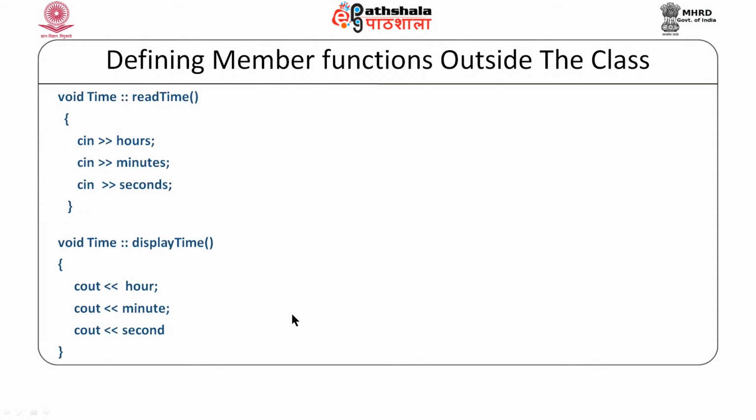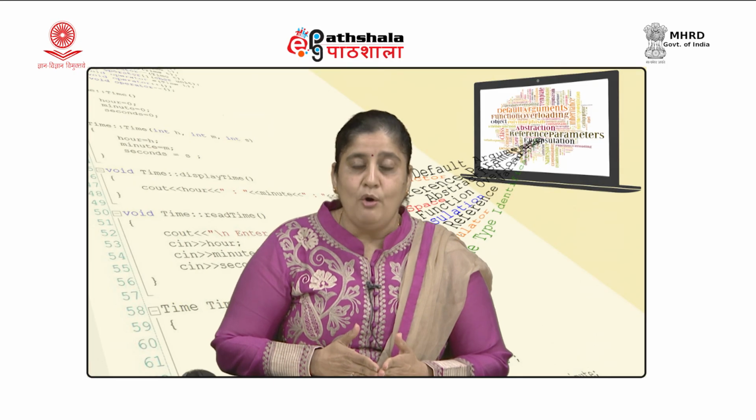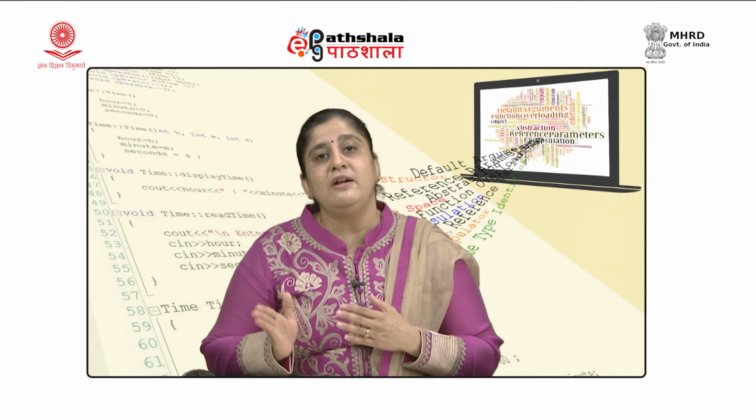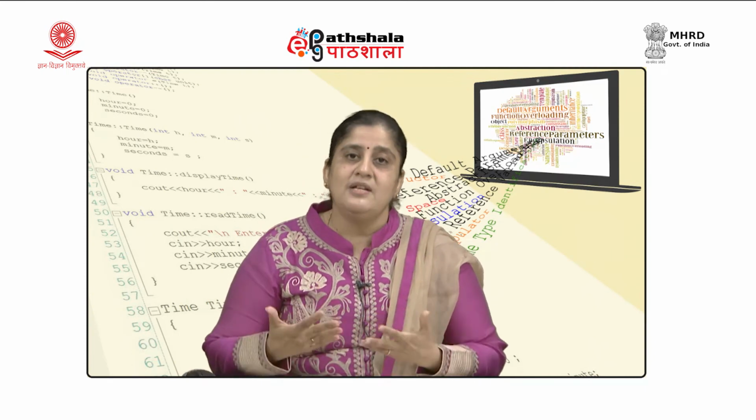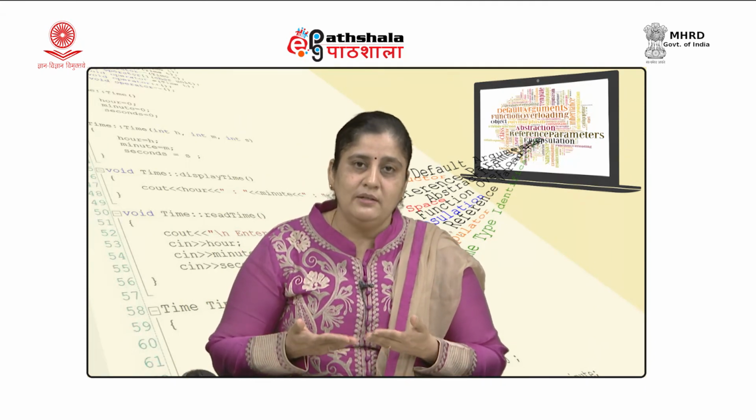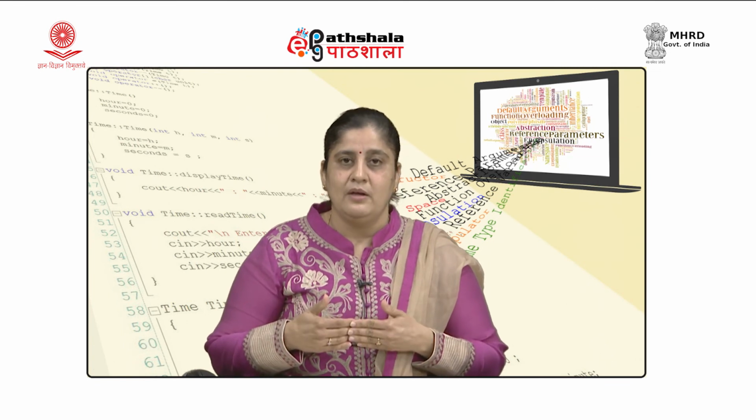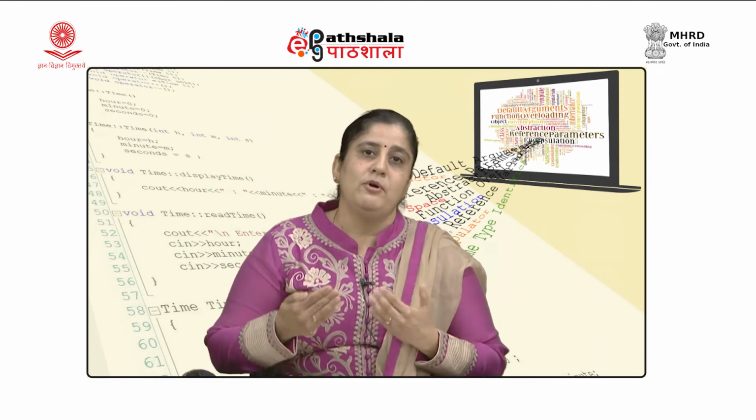That is, I can define that function outside the class, but the compiler would not be able to know that the function that I am defining is a member of a class or it is an independent function. So, we somehow need to communicate to the compiler that the function that I am defining is the member of a class.